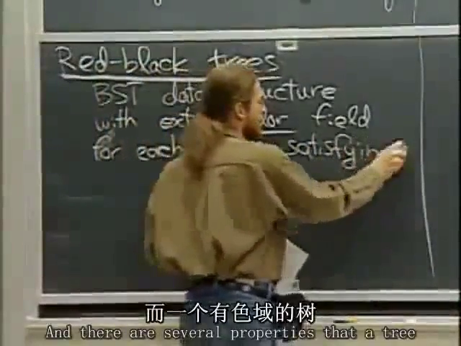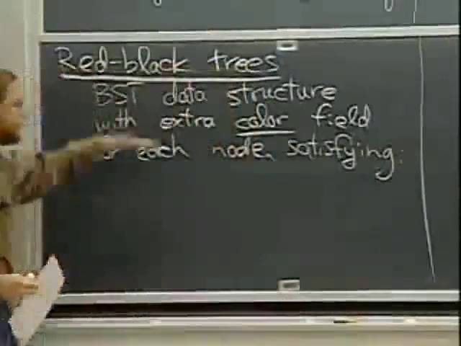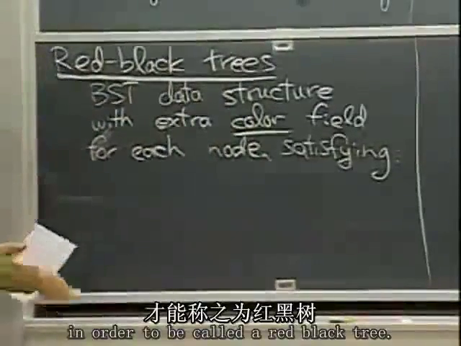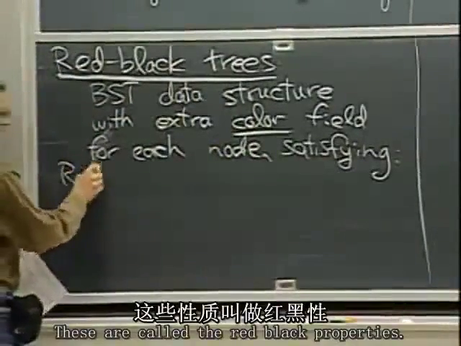And there's several properties that a tree with a color field has to satisfy in order to be called a red-black tree. These are called the red-black properties.